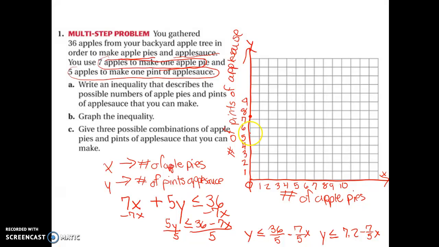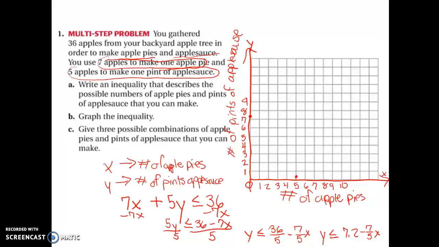So down 7 is not going to be the whole way down to 0 here. It's going to be a little bit off, so I have to move. That's 2, that's 3, that's 4, 5, 6, 7, so it's a little bit above, and then I can move over my 5. So there is my point.